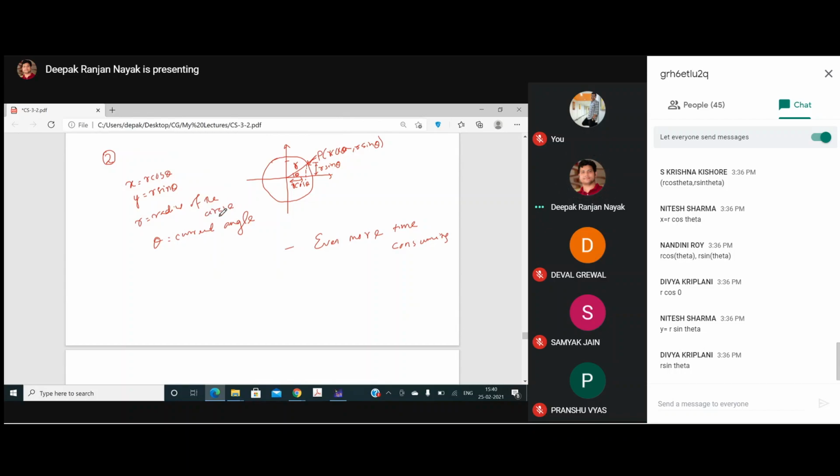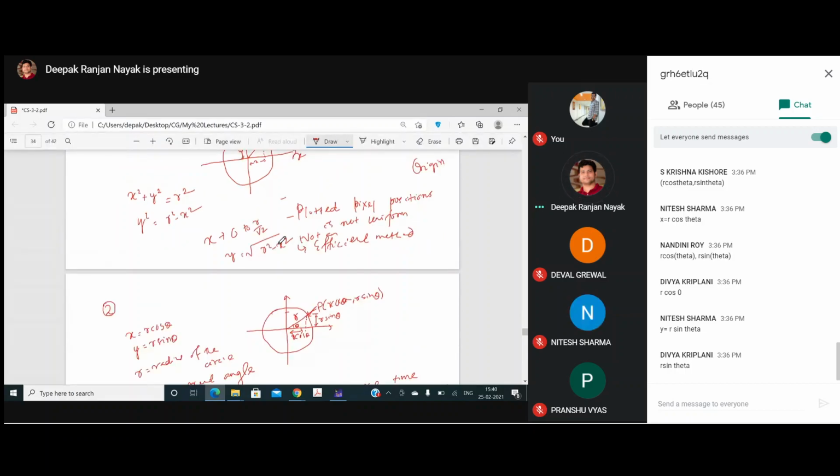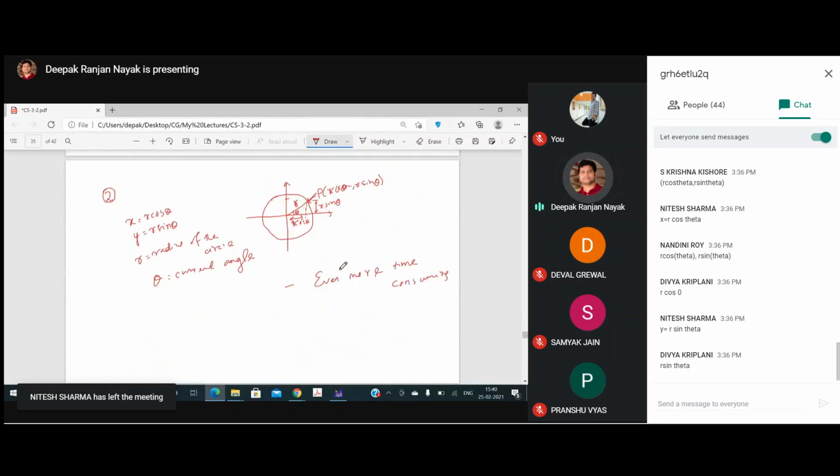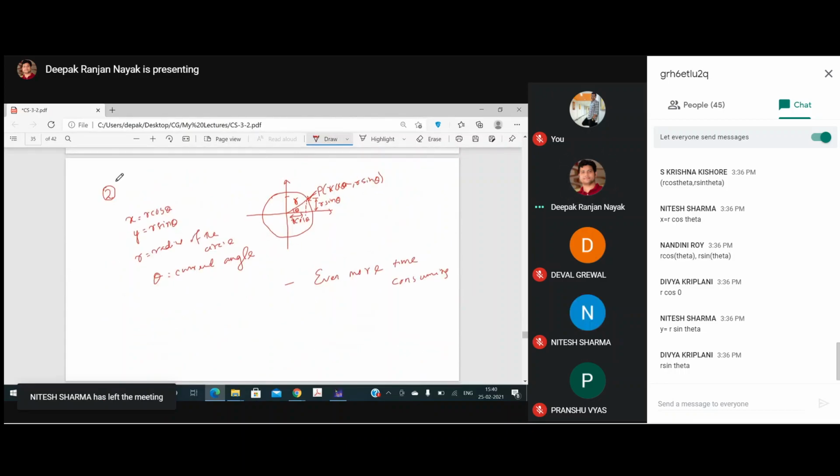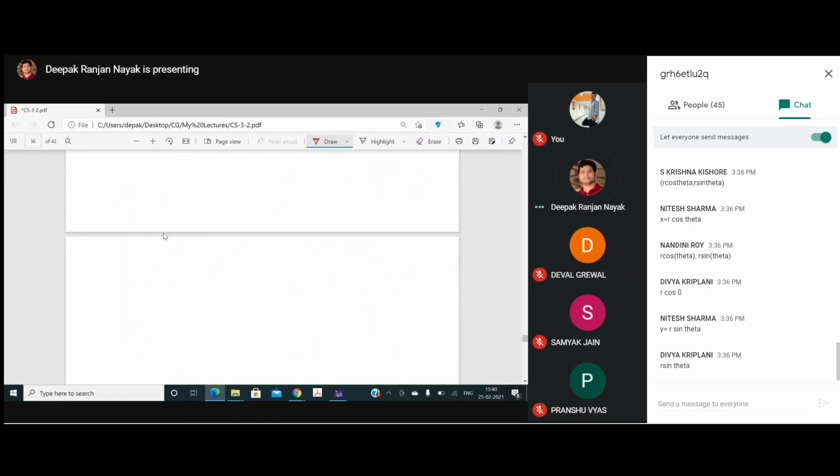To efficiently draw a circle, these functions, the power, the square root, and the trigonometric functions, have to be removed. The idea remains the same as in Bresenham's line drawing: not to use any floating point operations or difficult calculations, only integer calculations, whether it is line drawing or circle drawing.